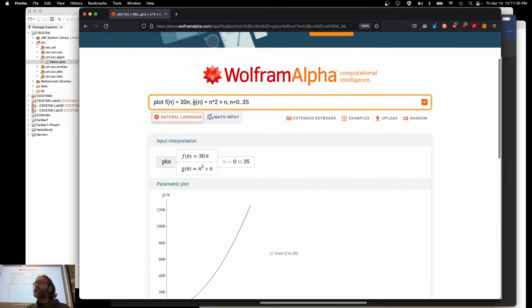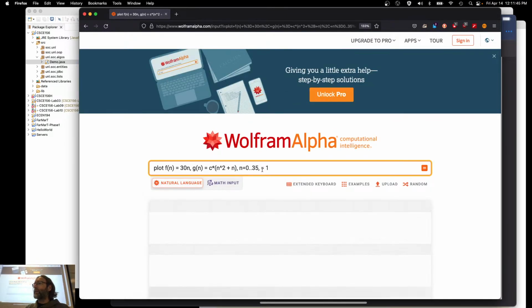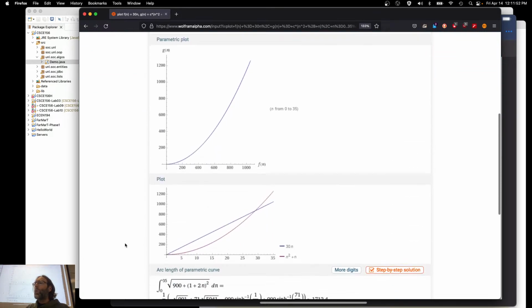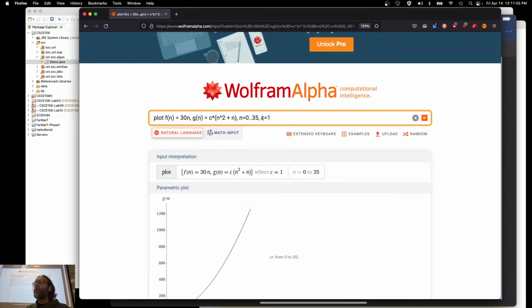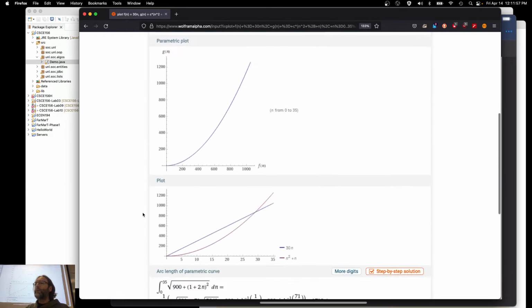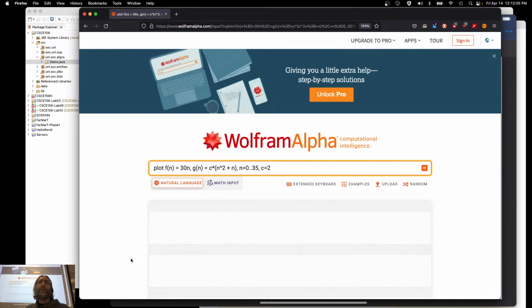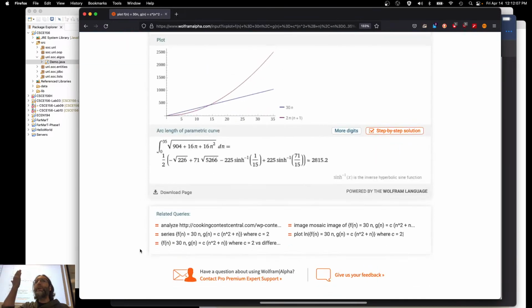If I multiply g of n by some constant, c times this thing, for c being 1, I get the exact same graph as before, right? What am I doing by making c bigger, though? 2. All right, there it is. There's the crossover point right there at about 29. If I make it twice as big, what have I done to that crossover point? I've steepened this curve. Now the crossover point is over here.